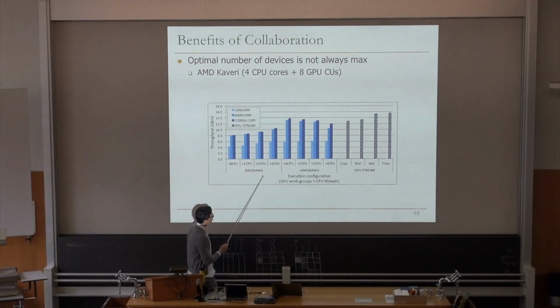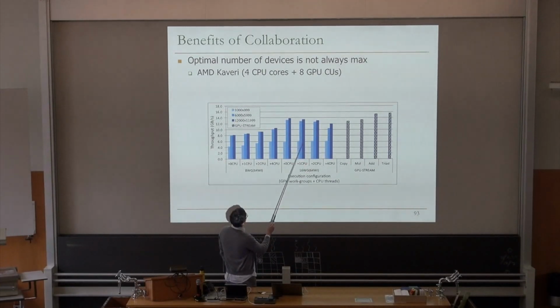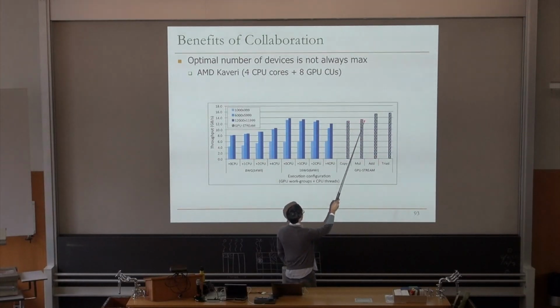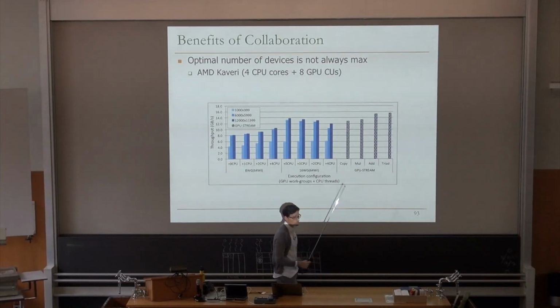In this case we have 8, in this case we have 16. So for example, in this configuration with 16 blocks, and maybe we can use CPU threads or not, we can reach very, very similar throughput to GPU stream.